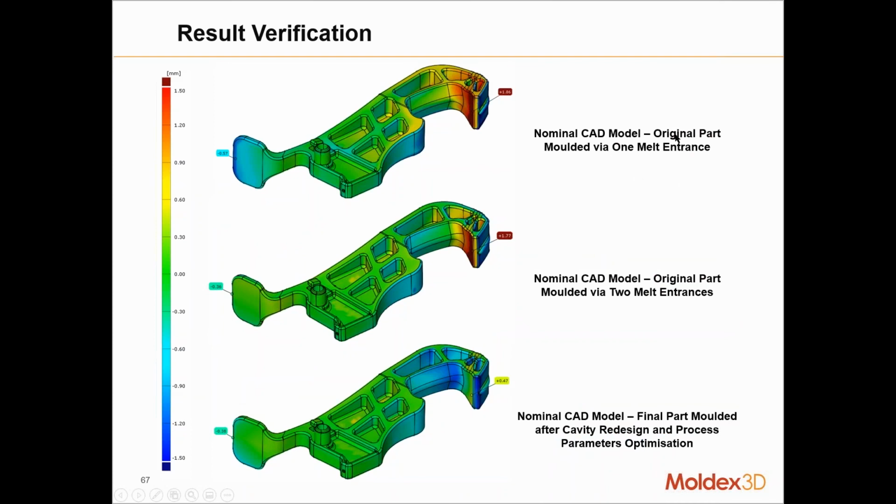So what you see here is an overlay of the nominal CAD with the original tool CAD. One melt entrance, two melt entrances, and then the final part that was molded after cavity redesign.